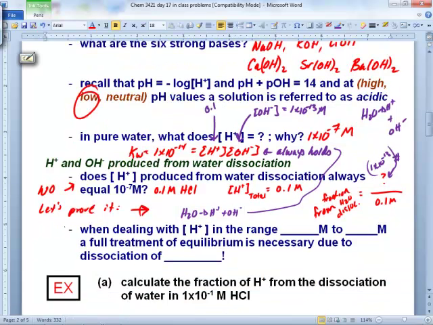If you work a bunch of these, you find a range where we have to use full systematic treatment. It's in the book. I think it's 10 to the negative 6 to 10 to the negative 8.